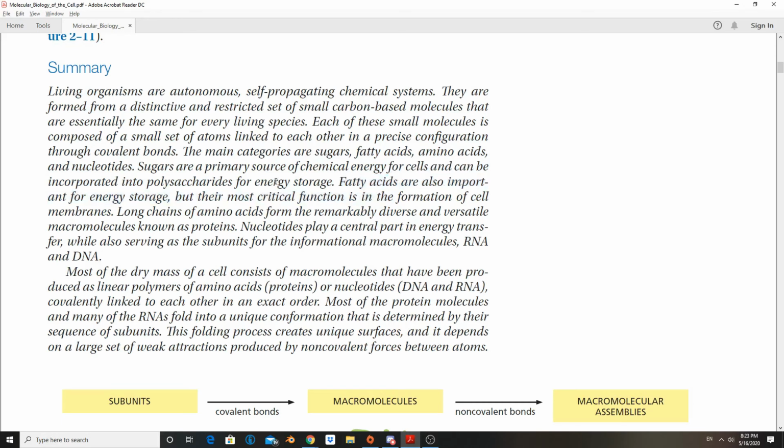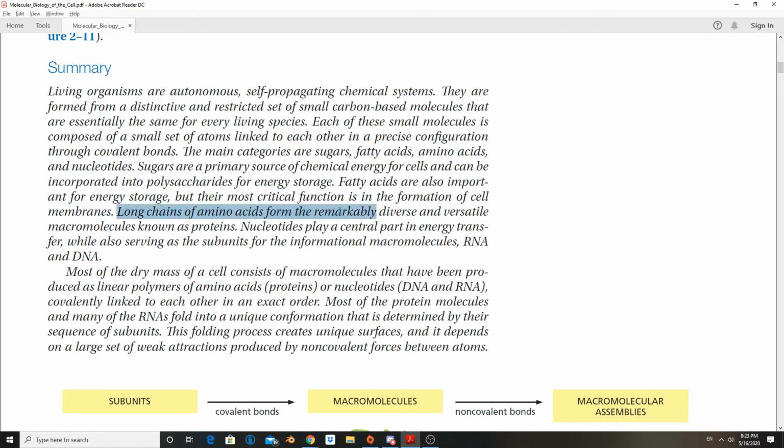So basically, it's just saying sugars are the small organic molecules that make up polysaccharides, which is just a bigger molecule, the polymer. Fatty acids are important for energy storage, and most importantly for the formation of cell membranes. You guys should probably already know this. They're talking about phospholipids.